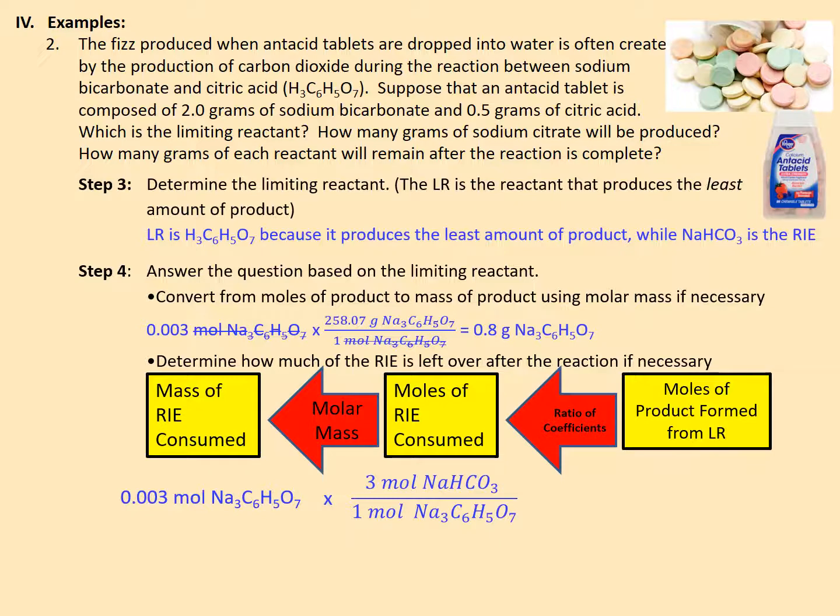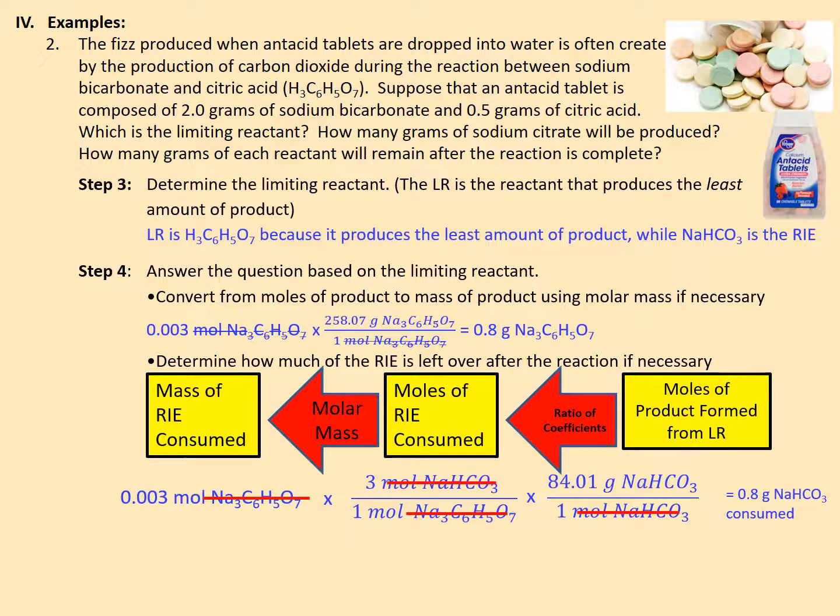We find that for every 3 moles of sodium bicarbonate that reacts, we will produce 1 mole of sodium citrate. We can now convert the moles of sodium bicarbonate into grams by multiplying by the molar mass, and when we do the number crunching, it turns out that about 0.8 grams of the sodium bicarbonate is consumed.